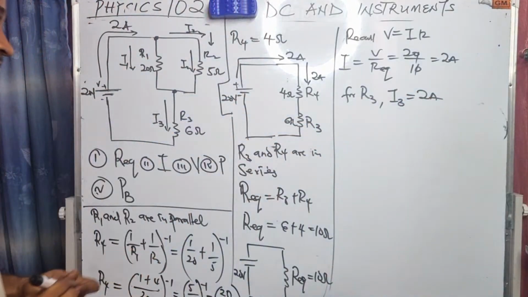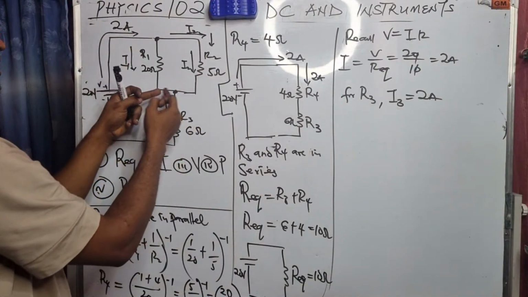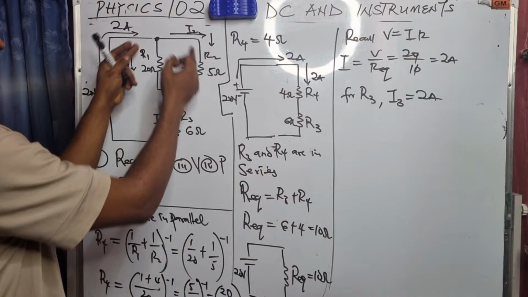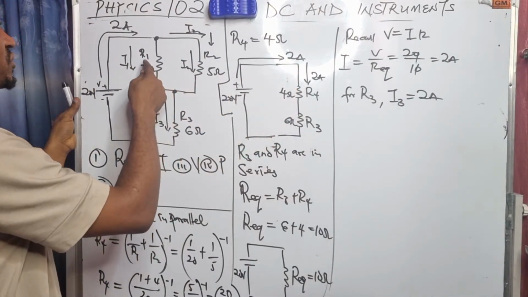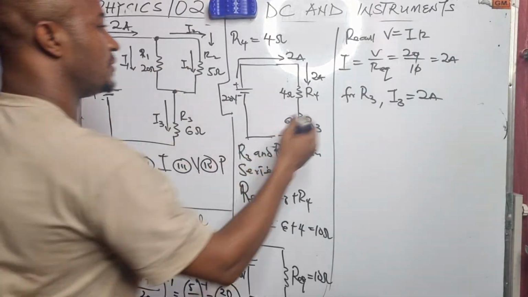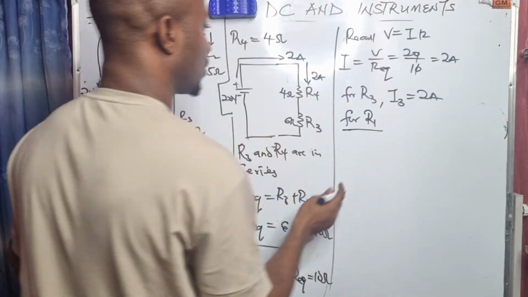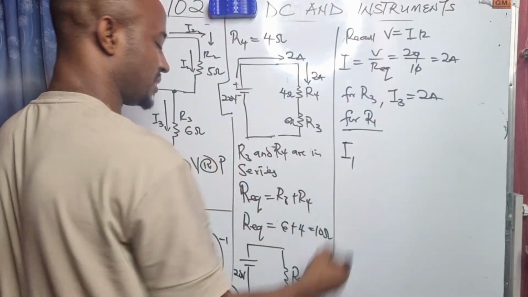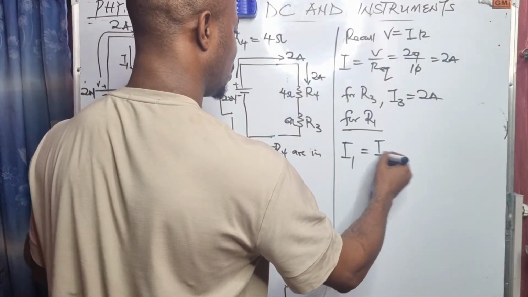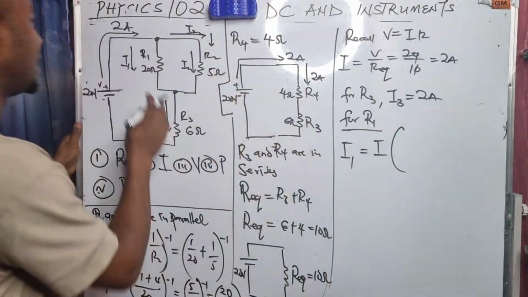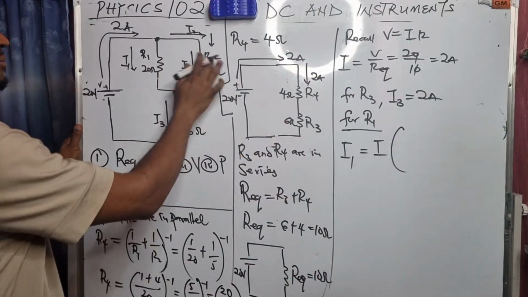Now let's look at this. We have a parallel connection here, and their total resistance is R4. But we want to find the current that flows through R1 and R2. For R1, the current that flows through R1 is I1. And that current can be gotten by multiplying the total current by a fraction, since R1 and R2 are in parallel.